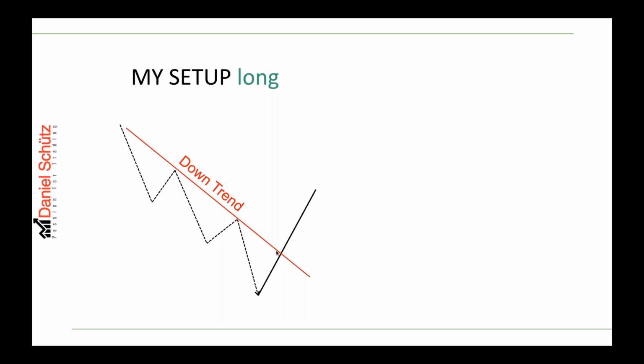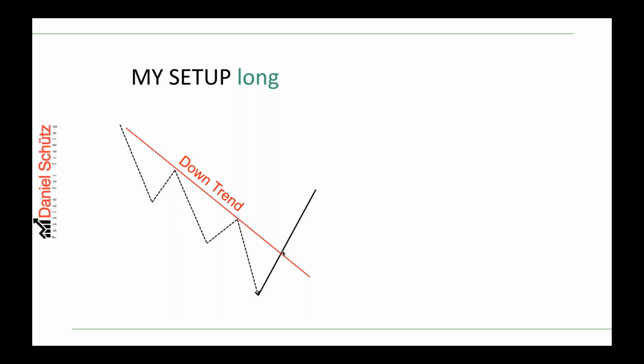And my setup is very, very simple. So I identify a downtrend, and for my long setup, I wait until this trend is broken. So I'm looking for a trend break.